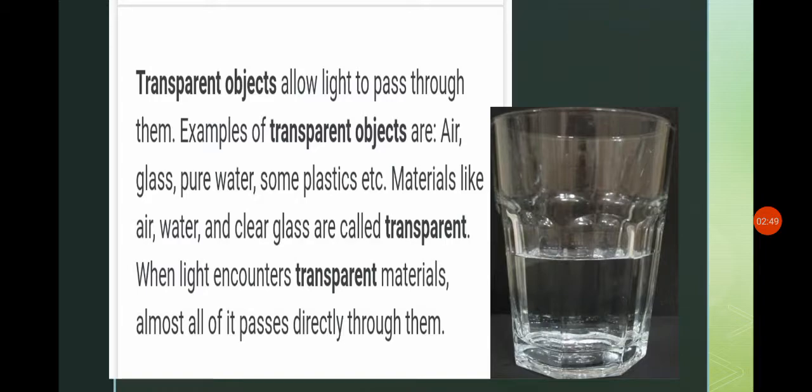Let us talk first about transparent objects. Transparent objects allow light to pass through them. Examples of transparent objects are air, glass, pure water, and some plastic materials. Air, water, and clear glass are called transparent.